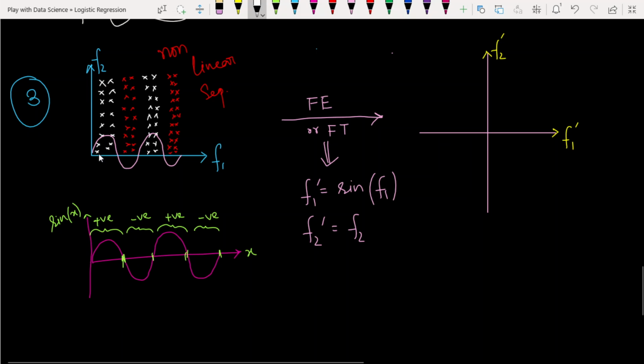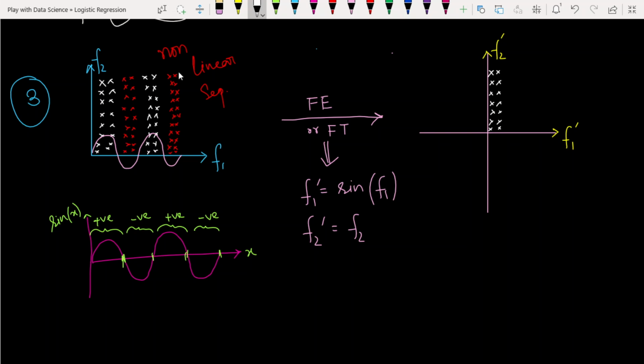Now I am using the white portion of the data. F2 is the same, so the spread of this data in this direction is fixed. And f1 dash, sine of f1, is positive in this portion, so this white portion is drawable here.